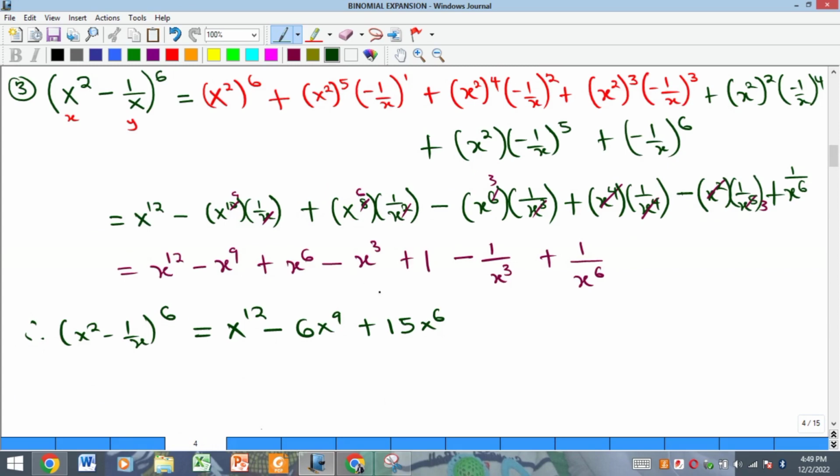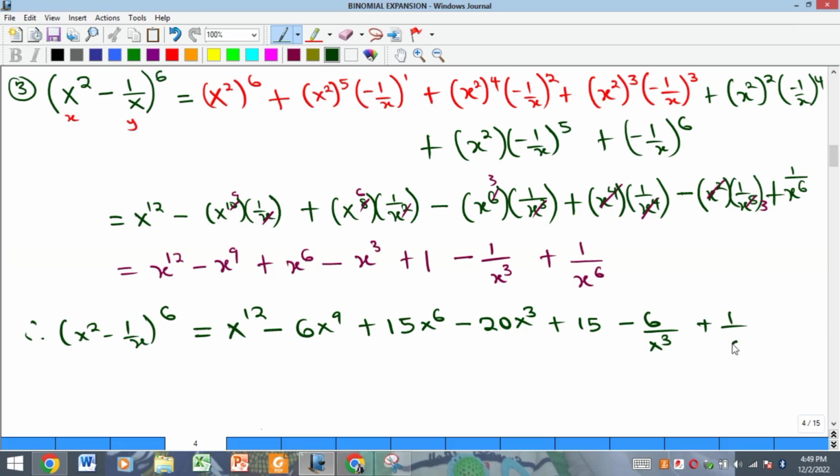Okay, and then that means that 20 is multiplying this minus x, sorry, minus 20x to the power of 3. And then the next one is 20, so that 20 will multiply this one to give us 20 here. And then the next one is 15, not 20. After 20 you have 15 again, so here will be 15, and then the next one will be 6 again, so you have minus 6 all over x to the power of 3, and finally you have 1 again.